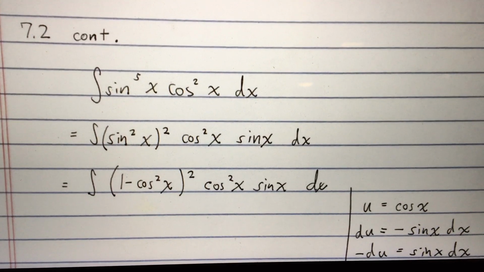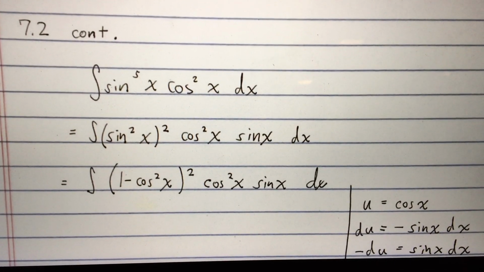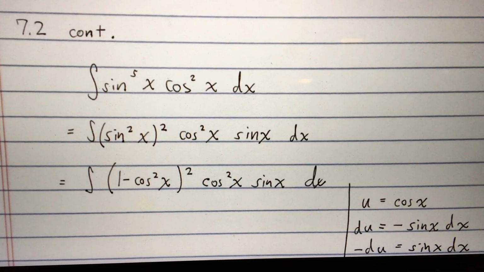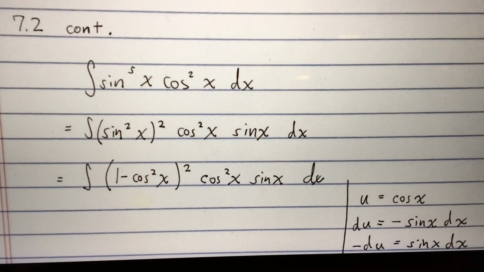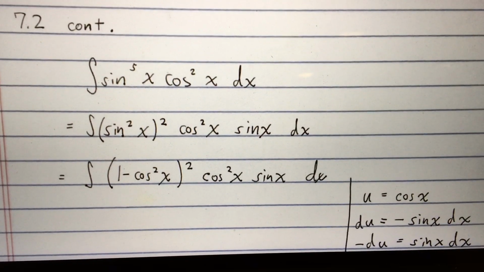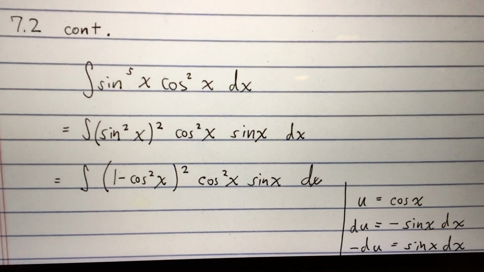The cosine squared, I didn't need to worry about since it's already a cosine. And you can see down there what the strategy is, why I'm rewriting sine to the 5 like this. Again, sine squared plus cosine squared equals 1, so I have sine squared equals 1 minus cosine squared of x.